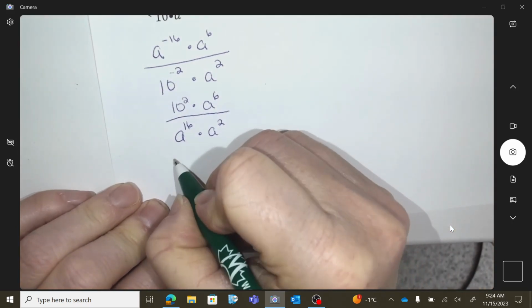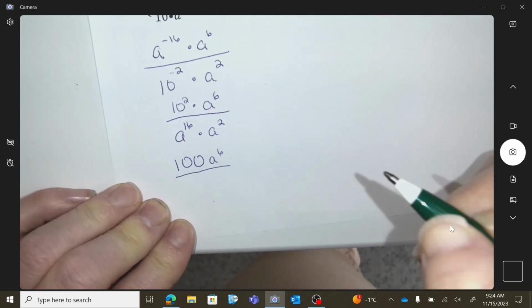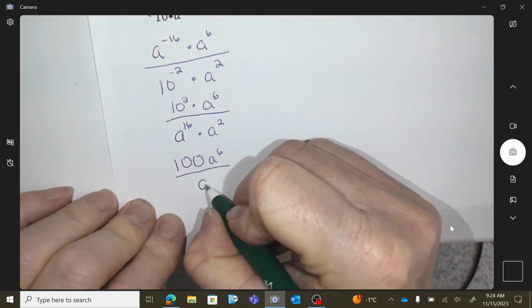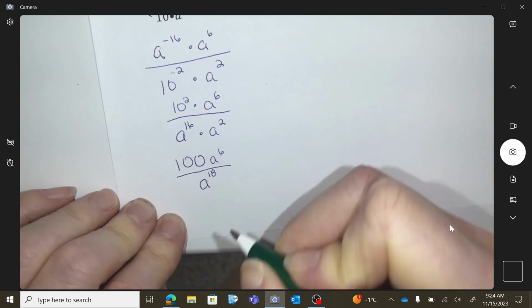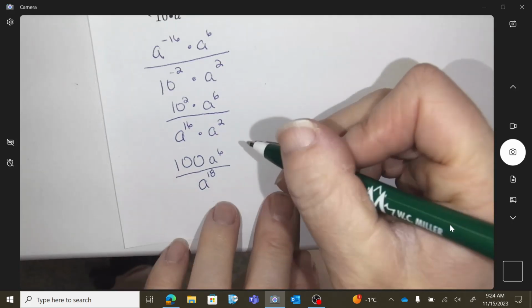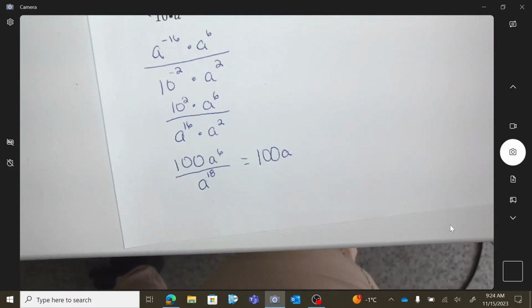Ten squared, I'm going to put that as 100 now. And I'm going to do the bottom ones together. So on the bottom, total is an A to the 18. Now I would subtract the exponents.